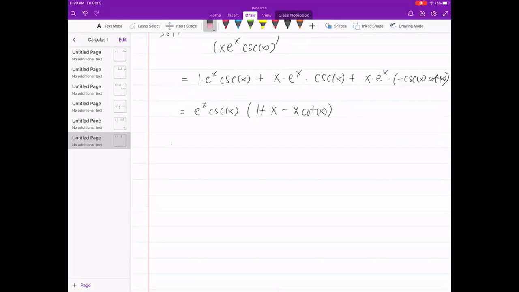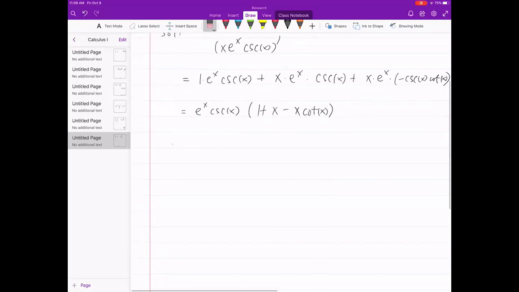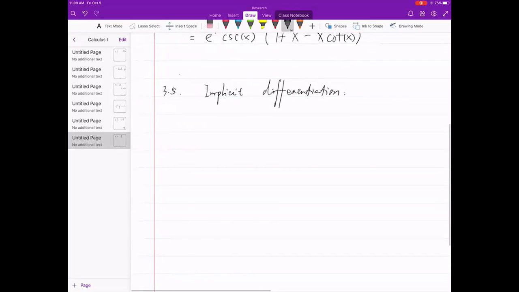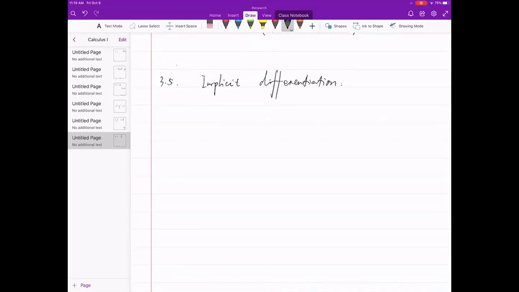All right, let's continue with what we had for 3.5, implicit differentiation. Explicit, implicit.